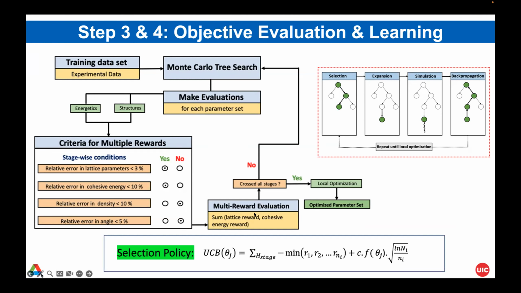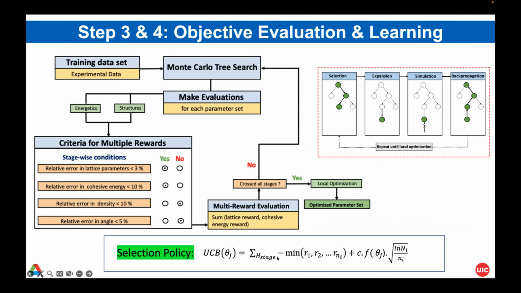So this works on a selection policy, which has an exploration term and an exploitation term. This ensures a fair trade-off, based on the tuned hyperparameter C, in going through the paths of the tree which might have a decent parameter set.